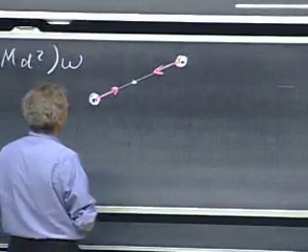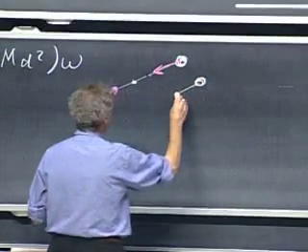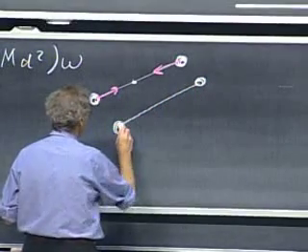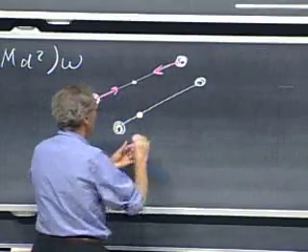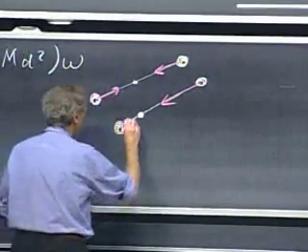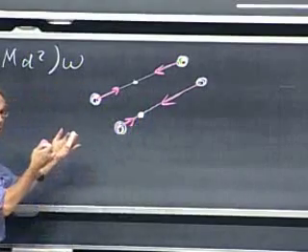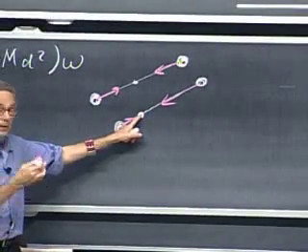However, if I had the situation such that this is my massless rod, and here are the two equal masses, but now I rotate them about this point, then this centripetal force is larger than this one, so now I have asymmetry, and so now there will be a force on this pin.